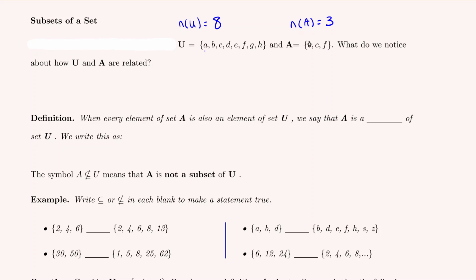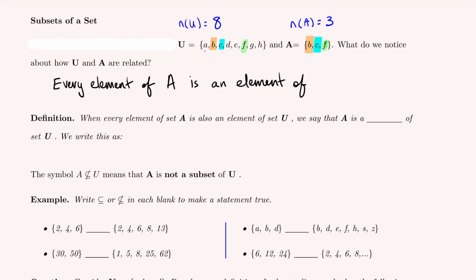For instance, notice B is in set A, and B is also an element of U. C is in set A, C is also an element of U. F is in set A, and F is also an element of U. So in this particular example with these two sets, we've been able to show that every element of the smaller set A is an element of our larger set U.